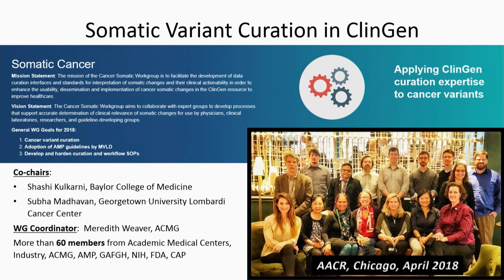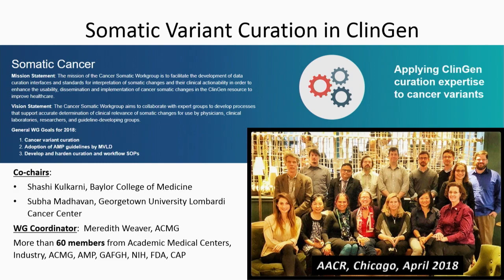So where does ClinGen fit into this space? Several years ago, an initiative was started within ClinGen to apply some of the knowledge and expertise and resources that exist within ClinGen, which were applied to curation of germline constitutional variants, to the problem of somatic variant curation.